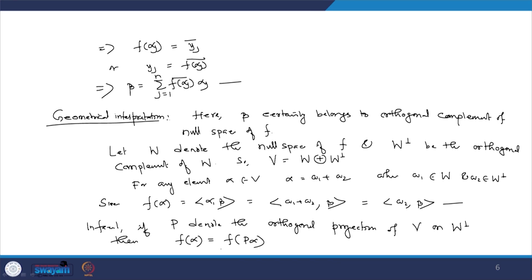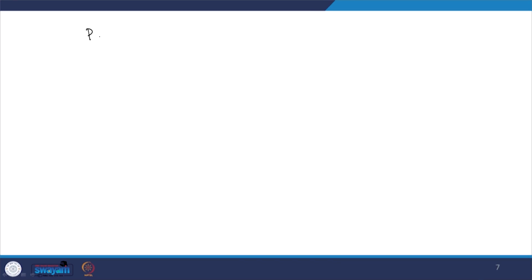So, what is P alpha? Since f is a linear functional, the dimension of the range space of f or W complement is 1.